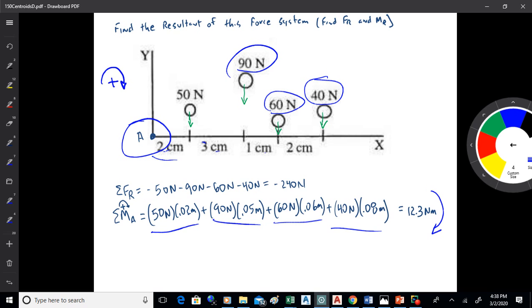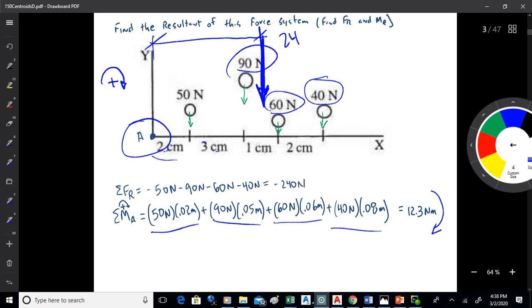So if I want to know where this 240 newtons could be said to act, do you remember what we did? How do we figure out how far over from here that 240 newtons would be? What's our little trick for doing that? What do we do with our 12.3 newton meters? We're after meters.